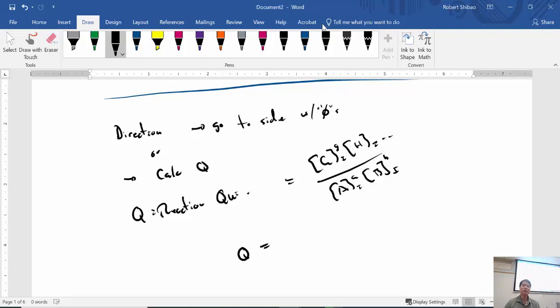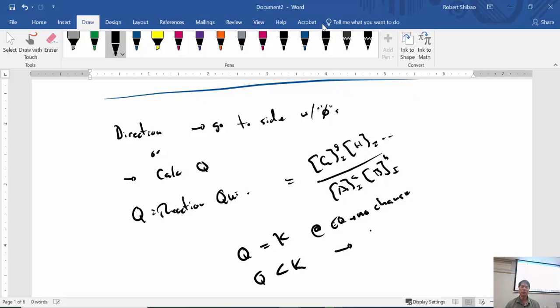If we calculate Q with the initial concentrations and we get the proper ratio, which is K, then it's at equilibrium. And so there's no change. If Q is less than K, then we don't have enough product. And so the change goes in the left to right direction.